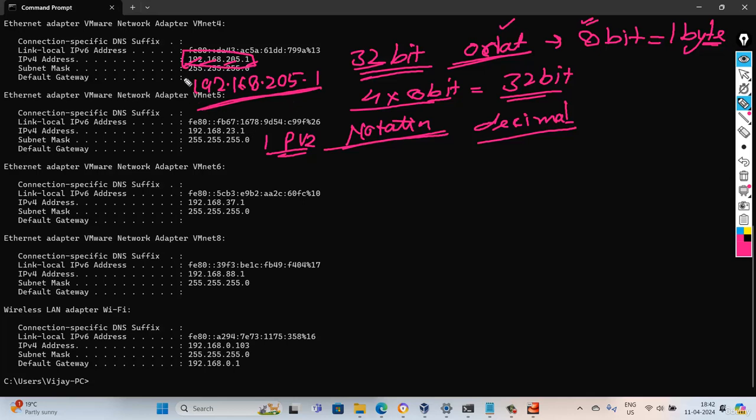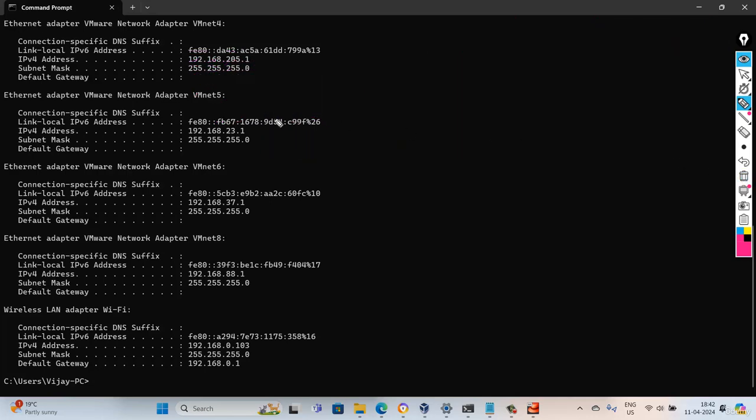This is a decimal value, written in octets, and this is used at the time of configuring the IP address in Linux.